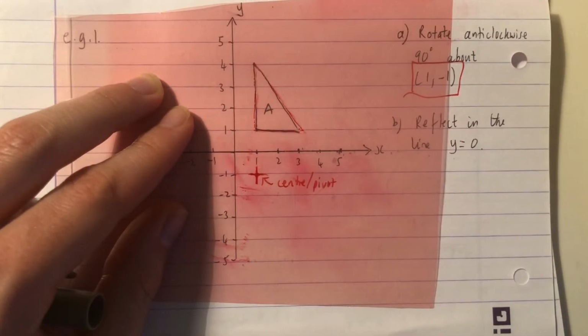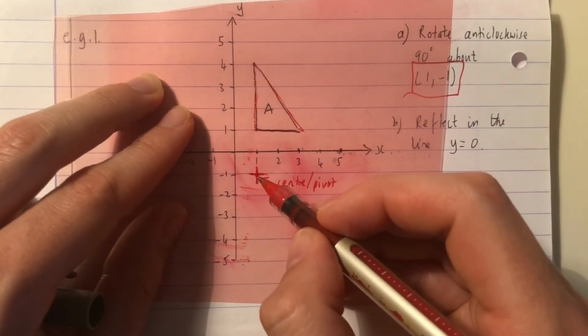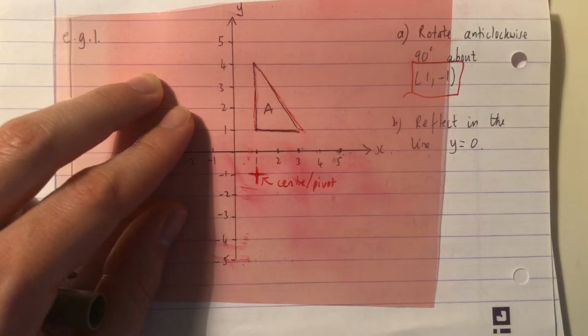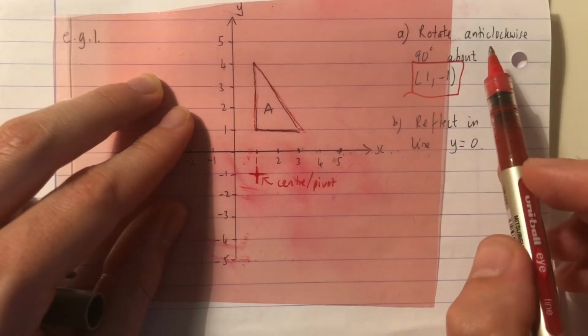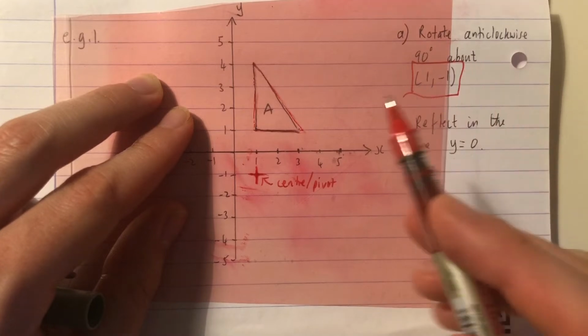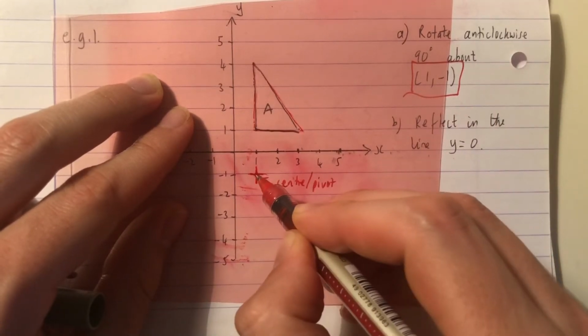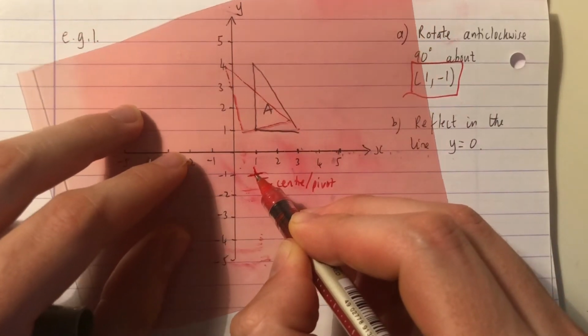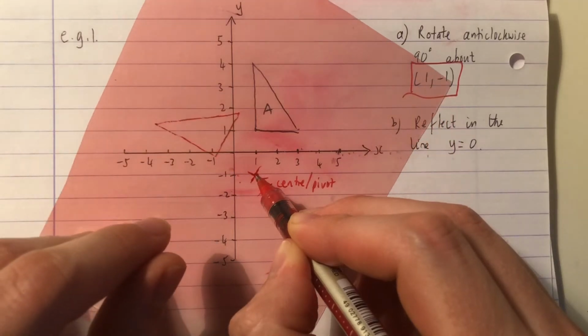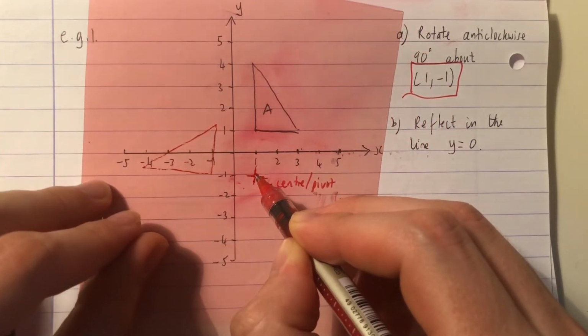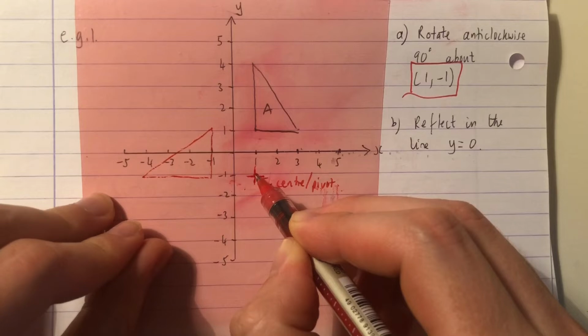So I'm using a plus sign because when I perform the rotation, because I'm always performing in multiples of 90 degrees, it's easier for me to keep track of 90 degrees, 180, 270, etc. So rotating anti-clockwise 90 degrees. So I keep that pivot point fixed, rotate to the left 1 right angle, and it finishes there.